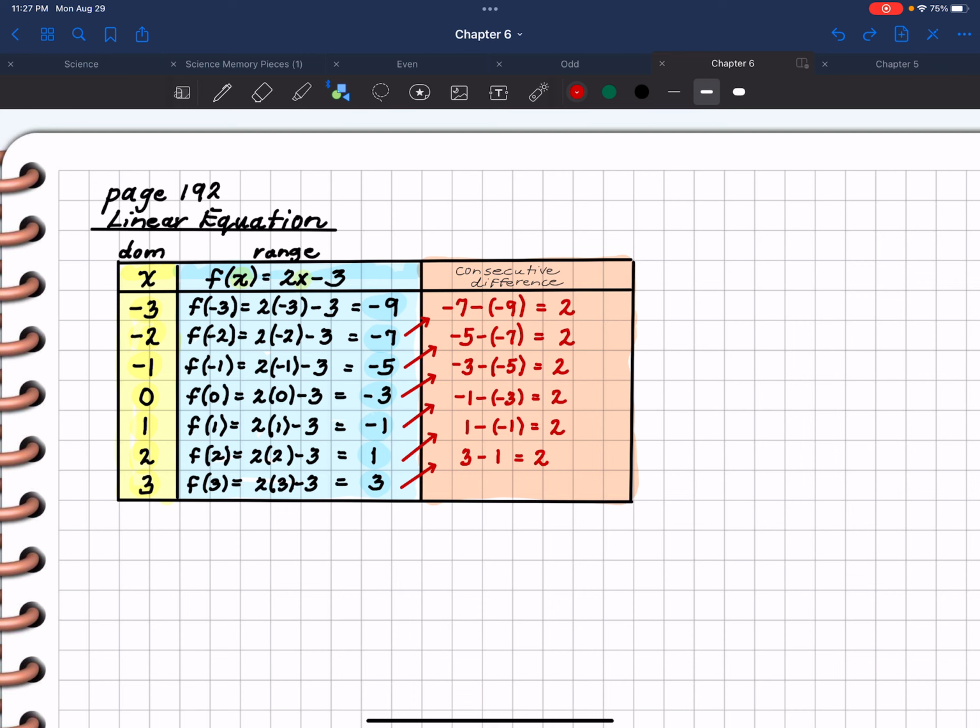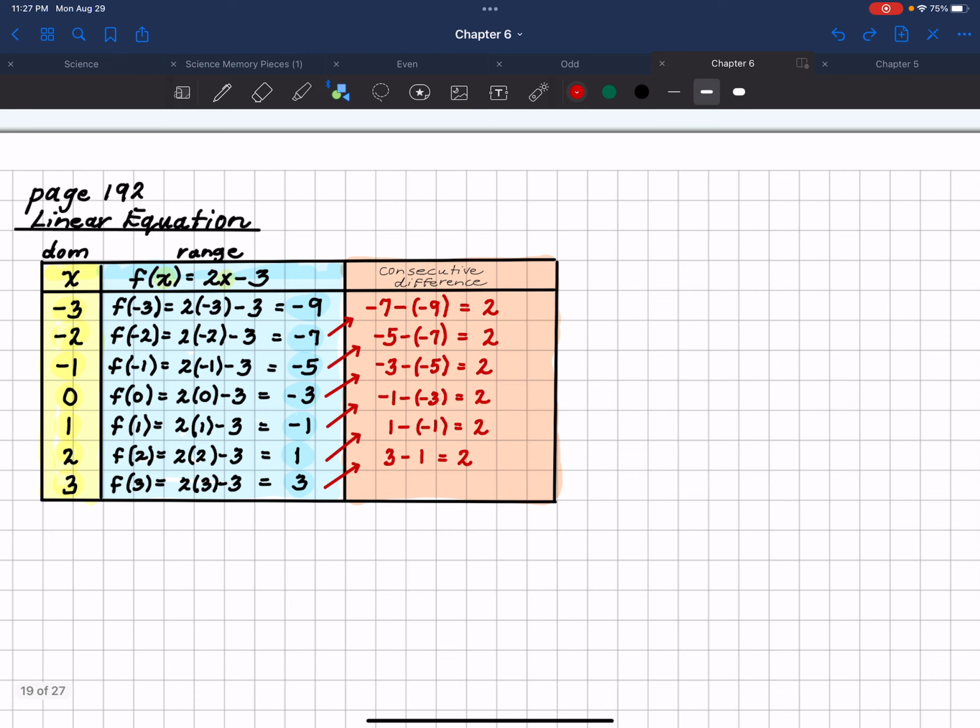So what we would say is that the consecutive difference, it's really just one difference, the consecutive difference is 2.